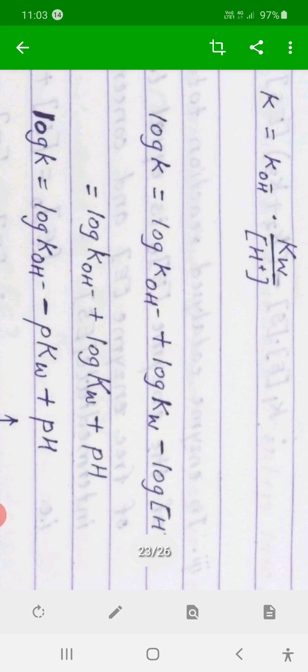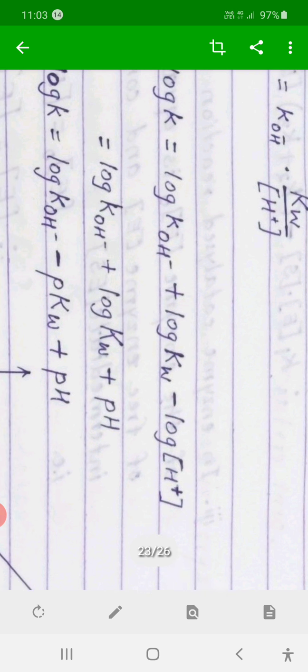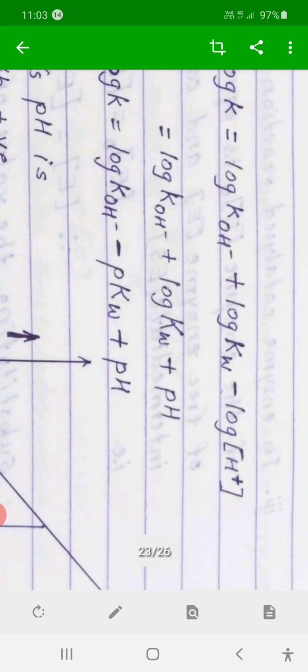Taking logs, log k is equal to log k_OH⁻ plus log Kw minus log of H⁺, which is nothing but pH. Therefore, log k is equal to log k_OH⁻ plus log Kw plus pH.